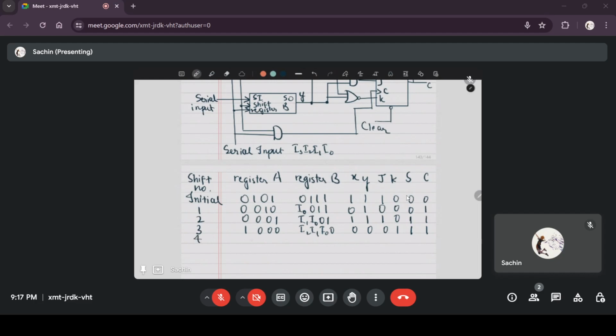In the next clock pulse, that 1 is shifted into register A. B now has the complete value of the serial input. X and Y we don't care about now because all the addition has already been done. The sum is 1, 1, 0, 0. So we don't care about this. Carry is now 0.